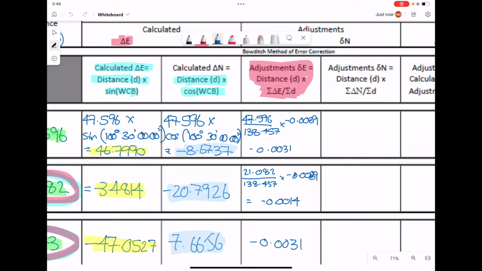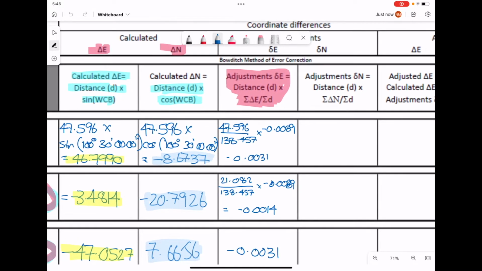Now we're going to do the adjustments for the northerns. Again, we're going to use the same ratio, the ratio of the length of the traverse to the overall distance travelled. So for the first row, it was 47.596 divided by the total distance travelled, 138.457.